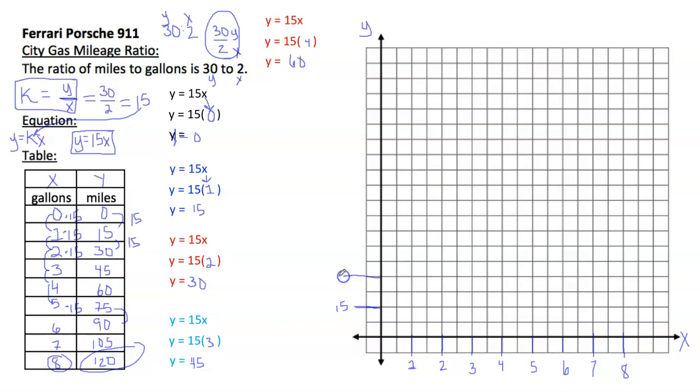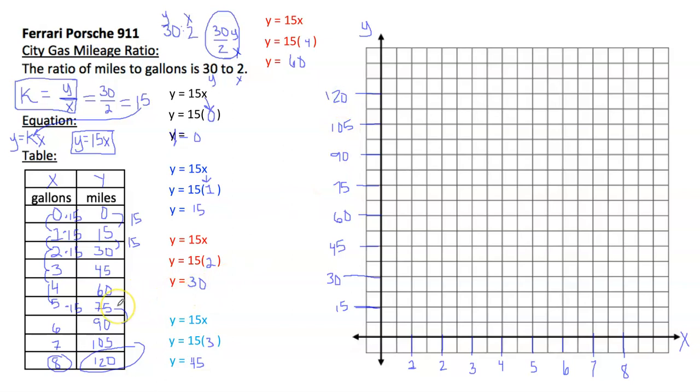So 15 plus 15 gives me 30, plus another 15, I'm at 45. And since I'm going up by multiples of 15, these numbers will be exactly the same as these numbers over here. So this next label would be 60, plus another 15, we're at 75, plus another 15, we're at 90, plus another 15, we're at 105, plus another 15, we're at 120.